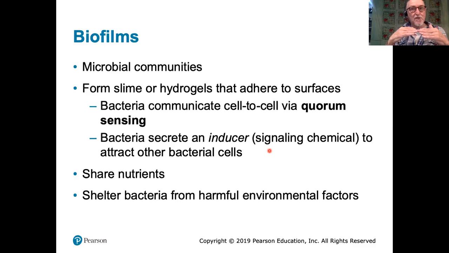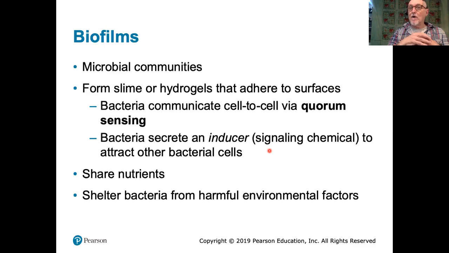It has a particular structure. It's not just that the bacteria happen to land there. Often there is a requirement for them to adhere, for them to grow properly. And that is one of the functions of that exterior material that we saw before, all that material that is outside the cell wall, things like the capsule and the slime layer.